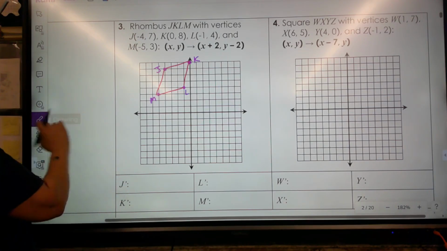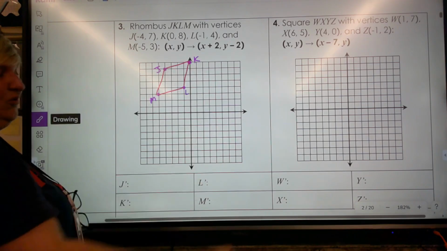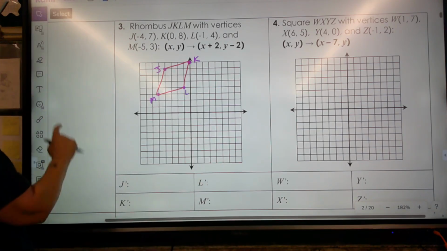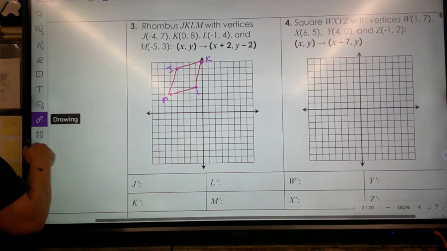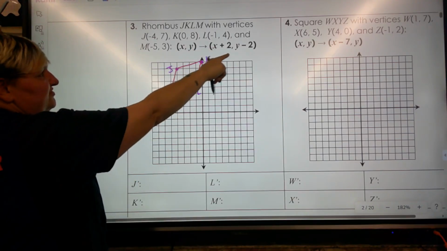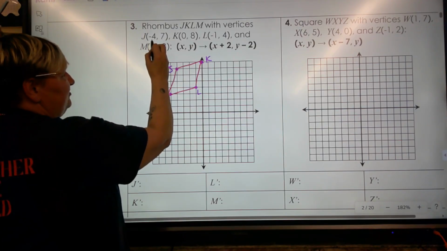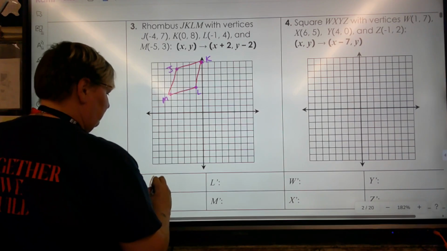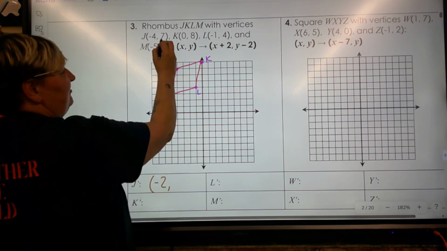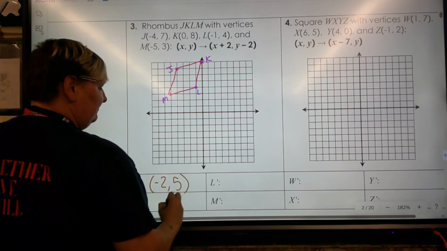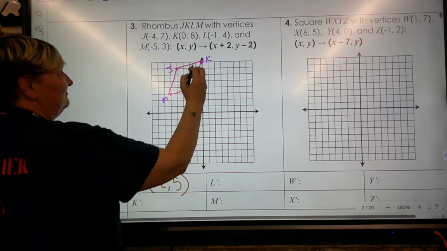All right, now instead of counting each point, I'm going to do it mathematically. All right, so it's +2, -2. So -4 + 2 is -2. 7 - 2 is 5.